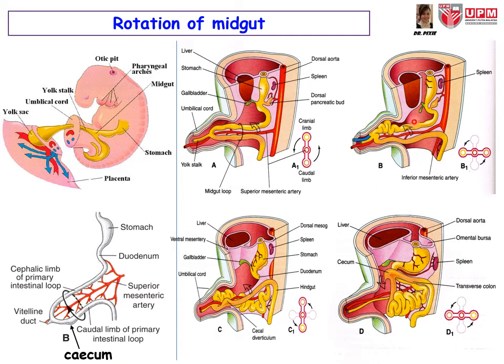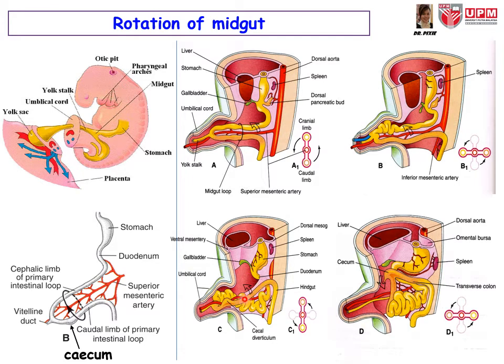Here is showing the 10-week-old embryo, where the small intestine will return first, which means the right limb will re-enter the abdominal region first. It passes posterior to the SMA to occupy the central region of the abdomen.